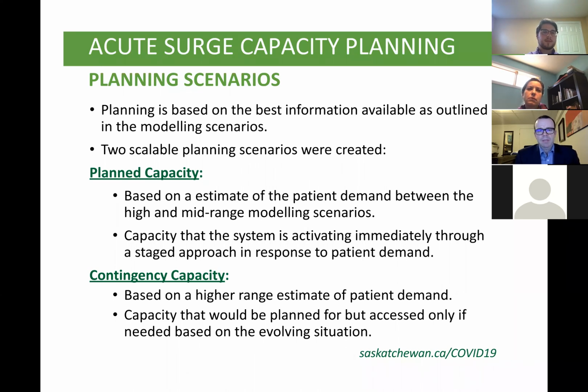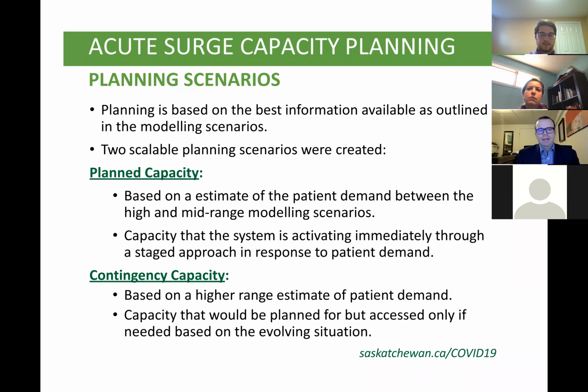So we basically picked a number between a high and a mid-range modeled scenario in order to establish, okay, this is the amount of demand that we need to plan towards. And it's based on the premise that we activate that capacity as needed in response to patient demand going into the future. So we're actively planning and implementing all the preparations needed for this planned capacity level.